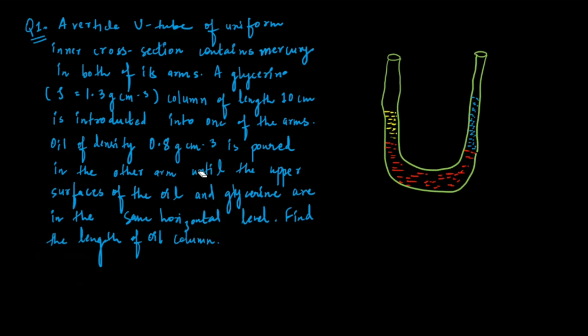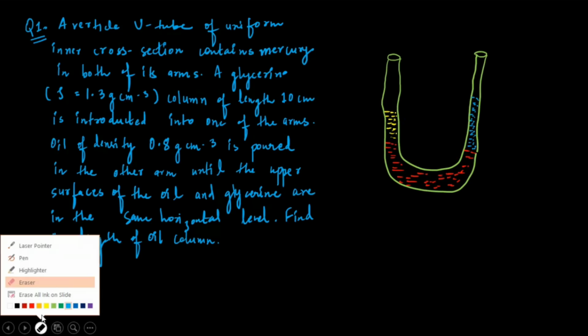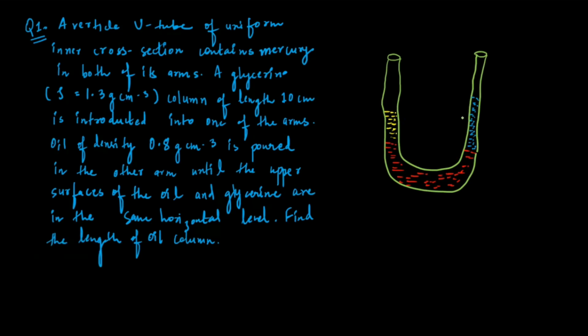First tell me which is more dense, glycerin or oil? Glycerin. If glycerin is more dense and we fill it from one end, it will try to push the mercury upward. Yes, so let us see that situation.